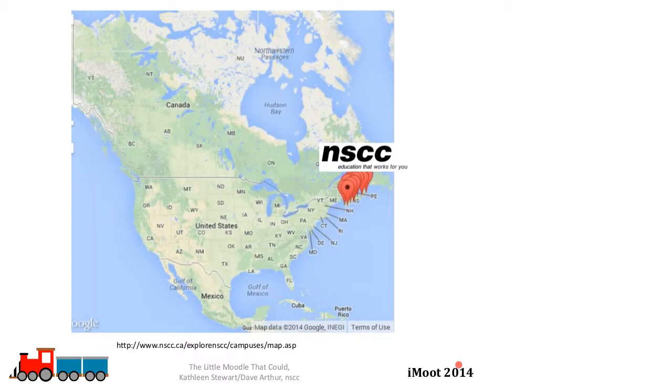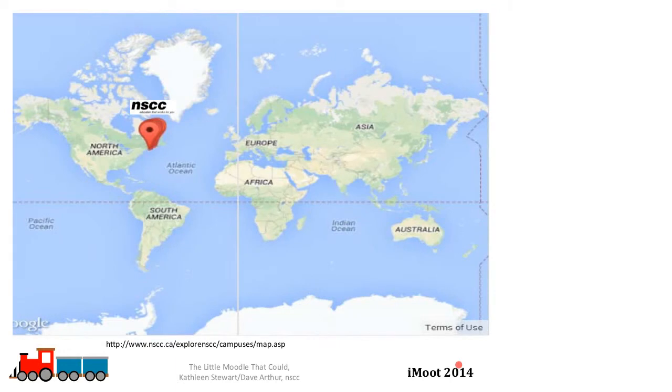So depending on where you are, you can see where we are. We are just a hop across the pond for Gareth, and we are in a completely different hemisphere from Gustavo. So depending on where everyone else is from, this is where the Nova Scotia Community College is in relation to you.